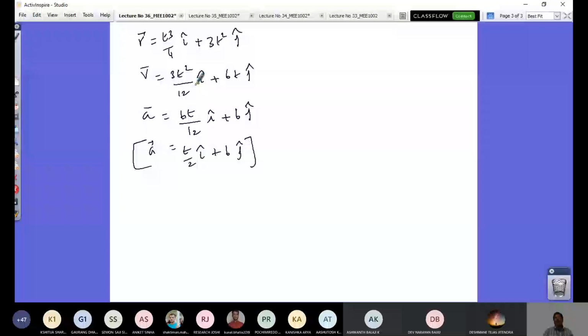At time t equals 2 seconds, we are asked to get the radius of curvature and the NT components of acceleration.